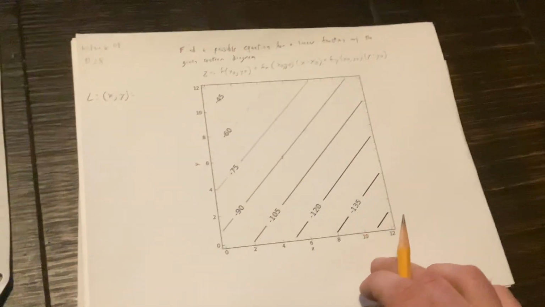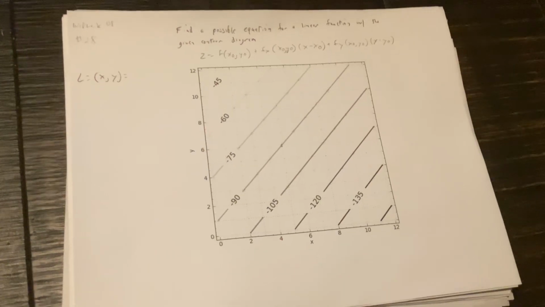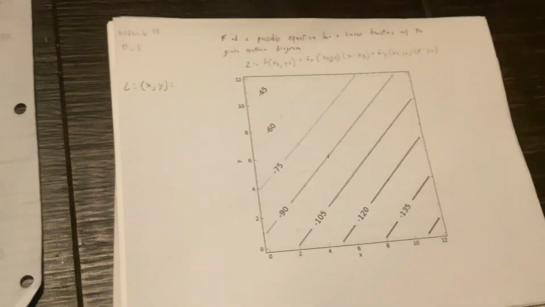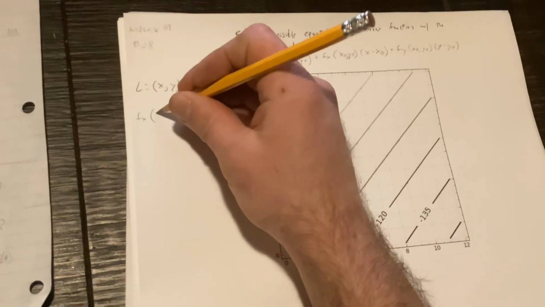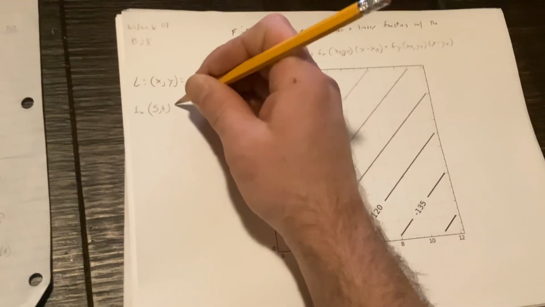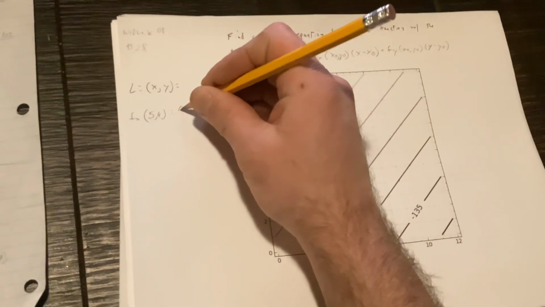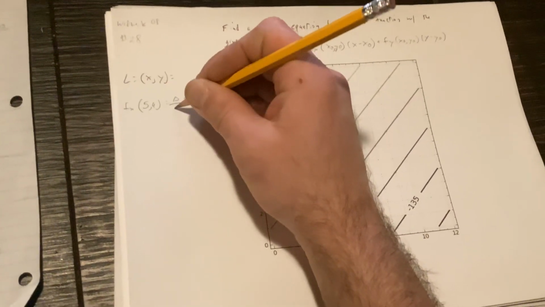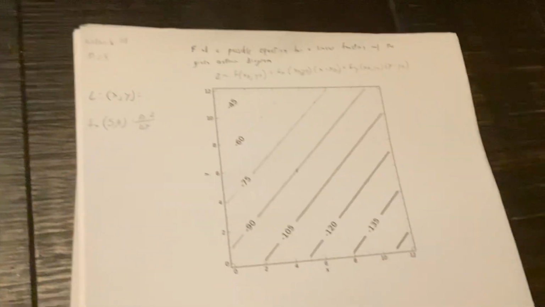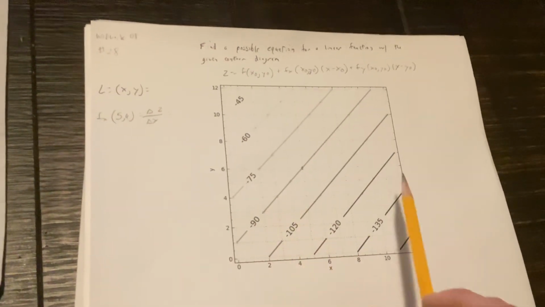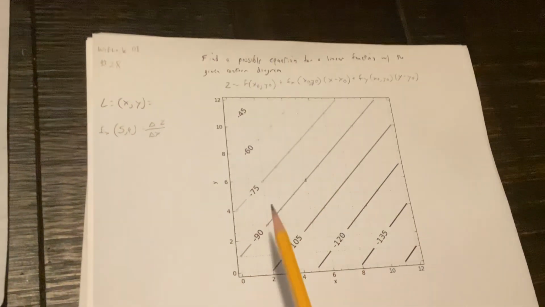So to find the partial derivatives of this point, fx is equal to our change in z over our change in x. I chose this point because I have points all around it that I can choose from.